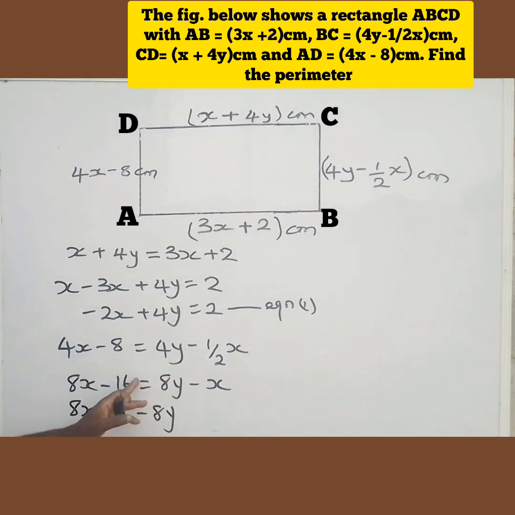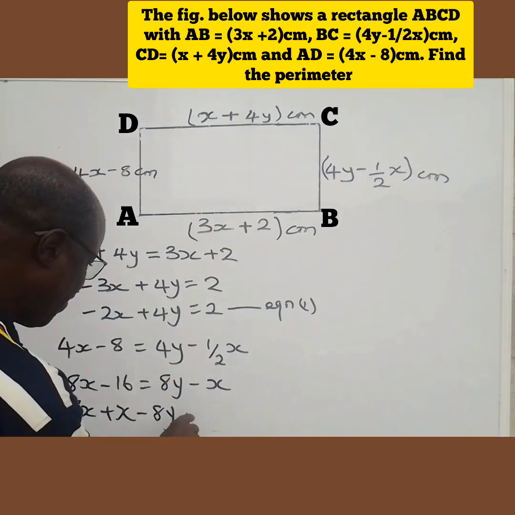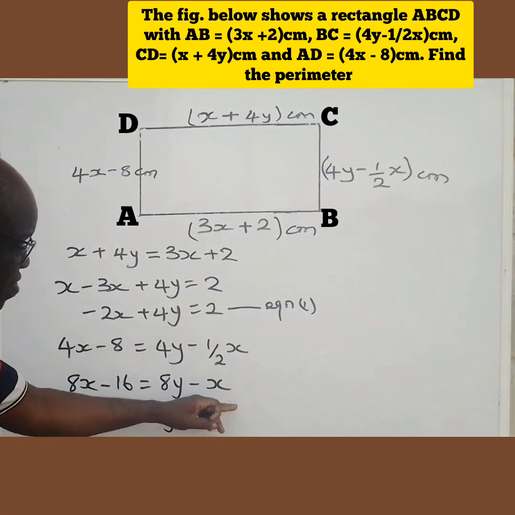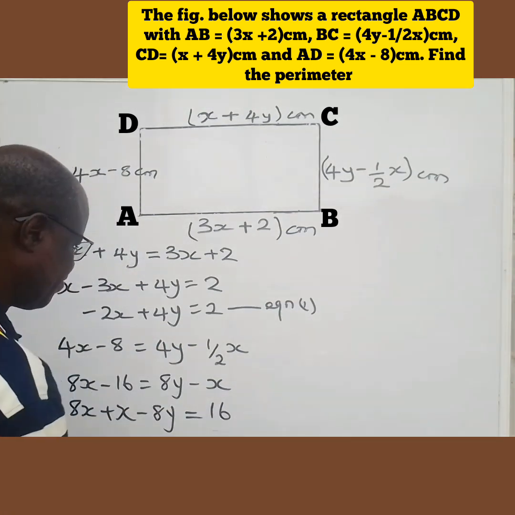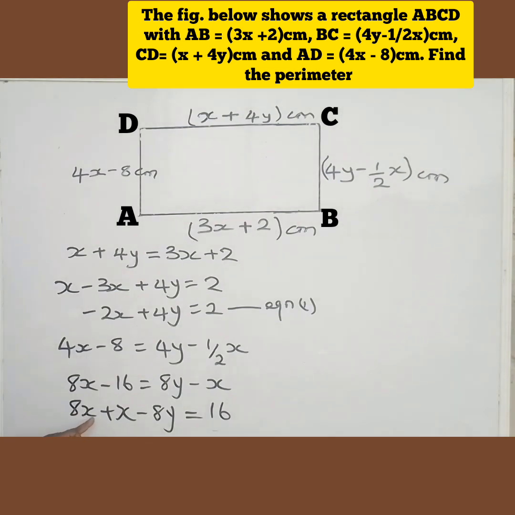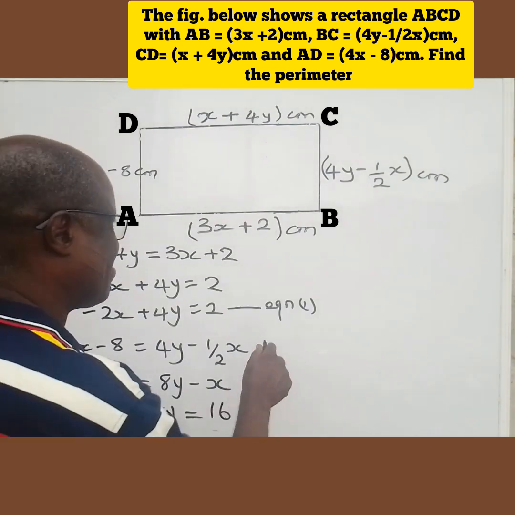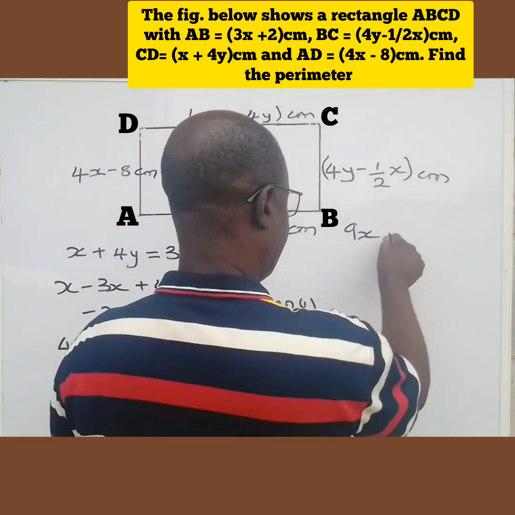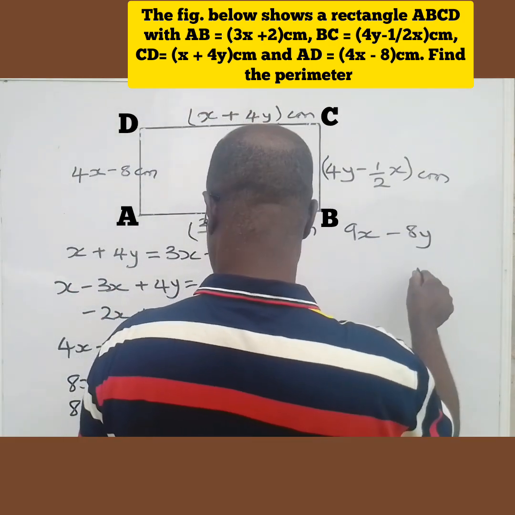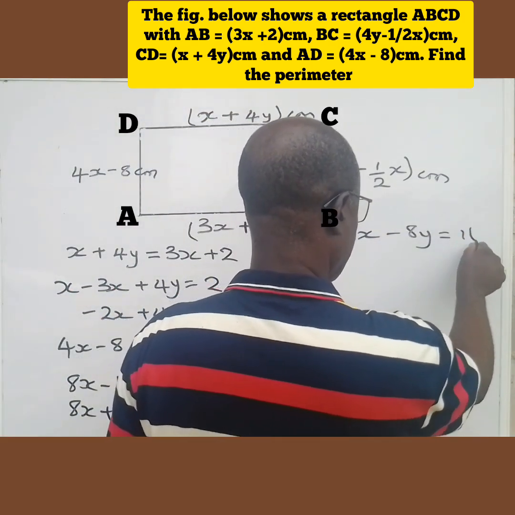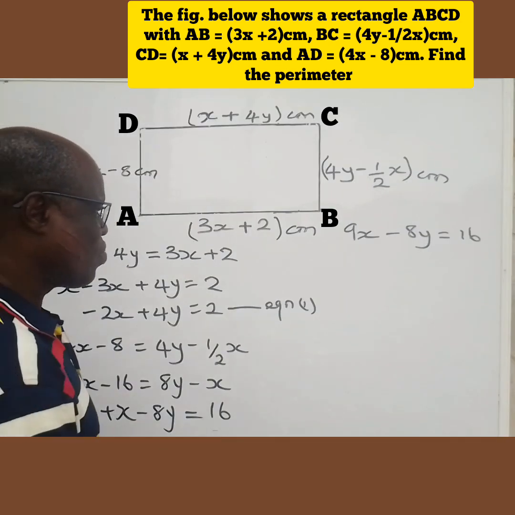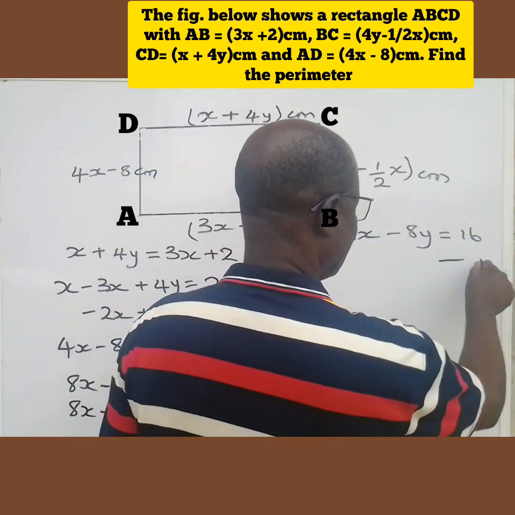This minus, when it crosses, becomes plus. So I'm taking this minus 16 to the other side, becoming 16. So 8x plus x is 9x. So 9x minus 8y equal to 16. I decide to call this one equation 2.